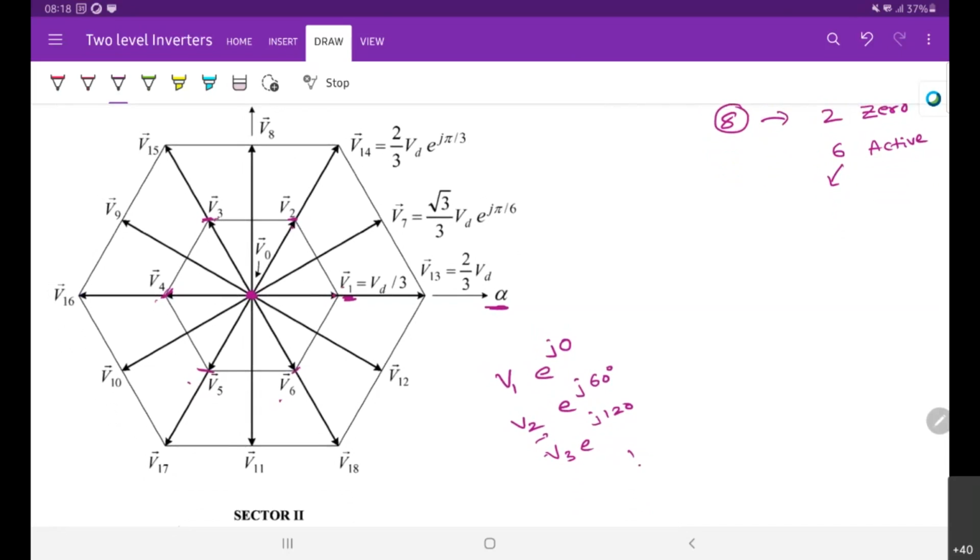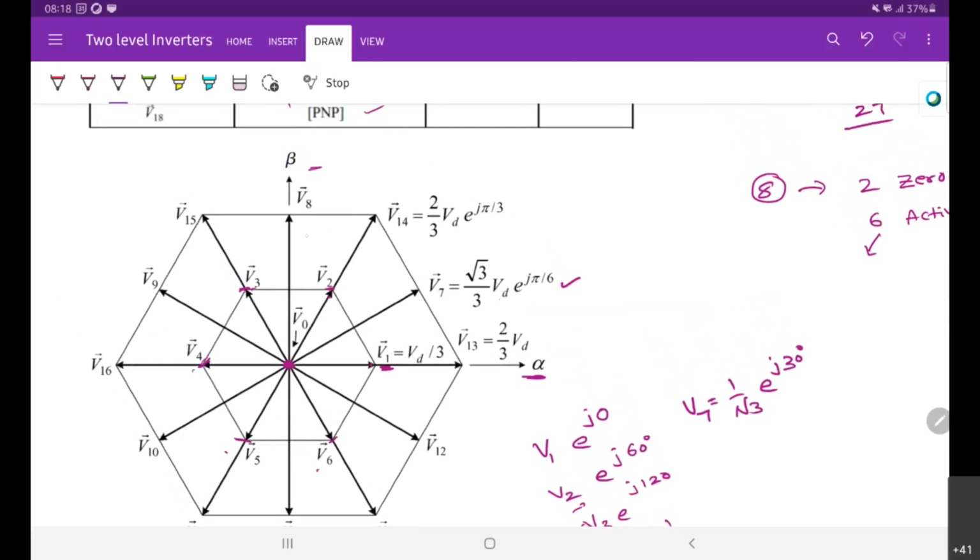Now we need to place the medium vectors. The medium vector magnitude is 1/√3 VD, and for V7 the angle is e to the power of j30 degrees. So this is 30 degrees, then 90 degrees, 150 degrees, 210 degrees, 270 degrees, and 330 degrees.